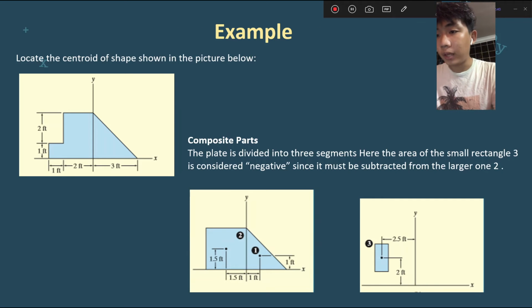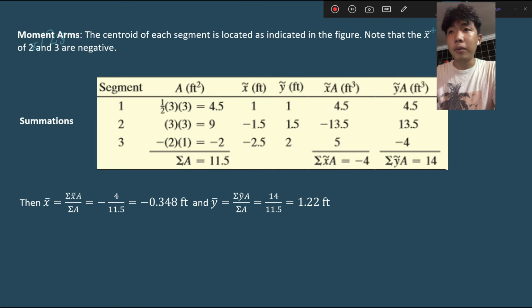So let us look at an example. It says to locate the centroid of the shape down below. For the composite parts, the plate is divided into 3 segments. Rectangle number 3 is considered to be negative, so it must be subtracted from the larger ones, 1 and 2. For the moment arm, the centroid of each segment is located as indicated in the figure shown below.